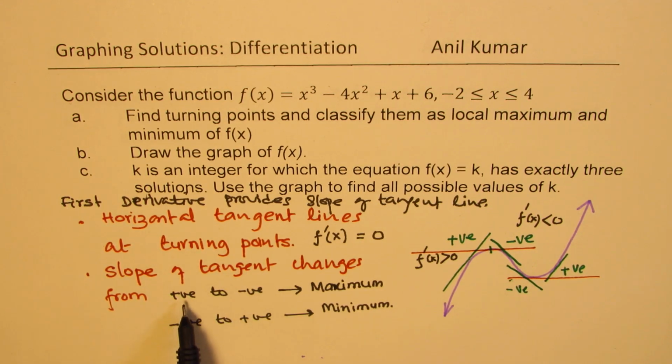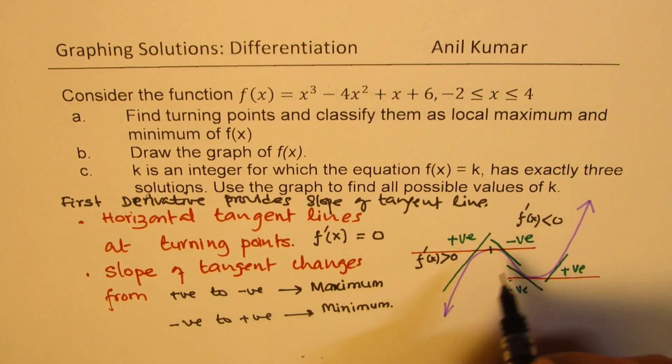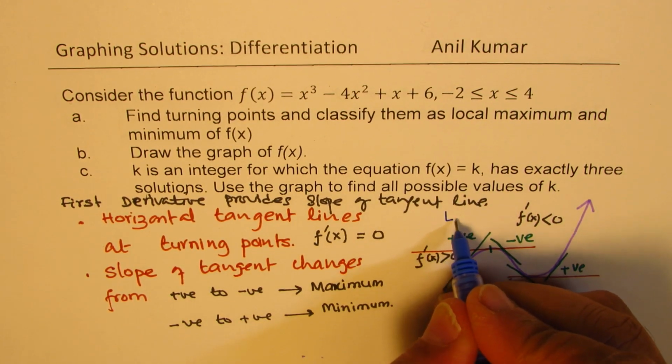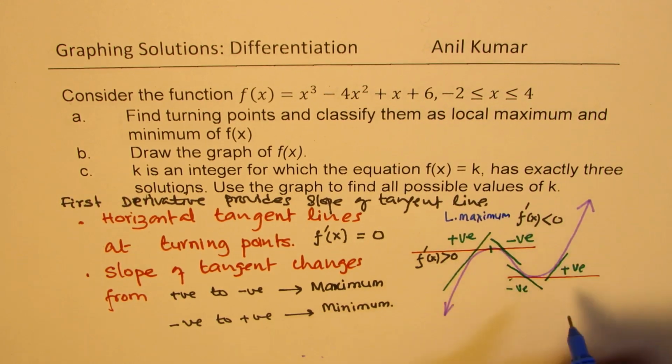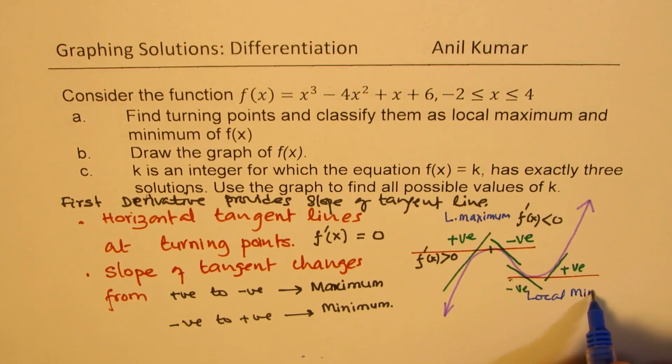It is positive on the left side, 0 at the turning point, and negative thereafter, very close to it. Then we have a maximum, right? And what we have here is a local maximum. And if it is changing from negative to positive, we have a local minimum.